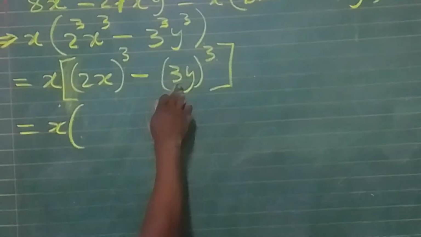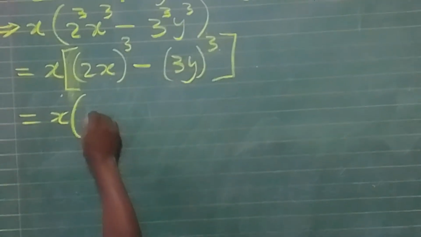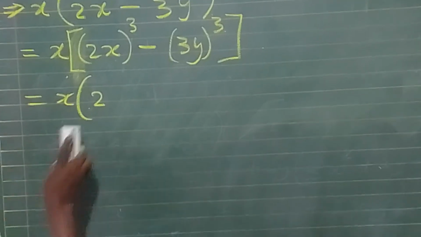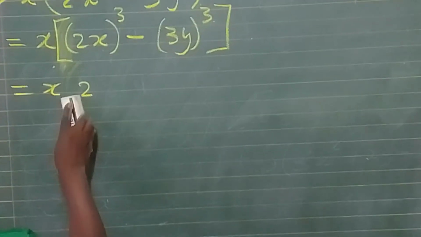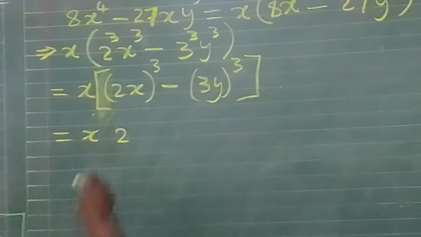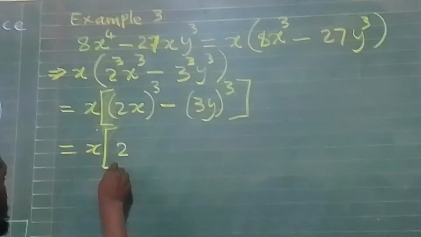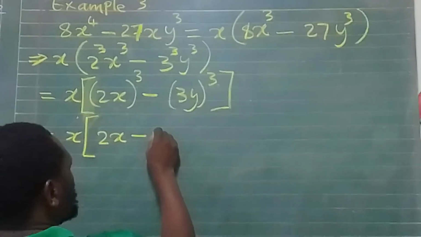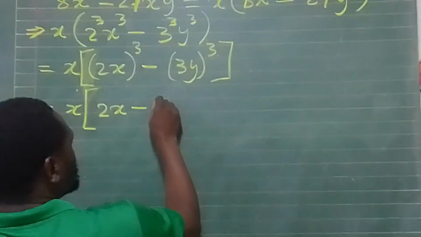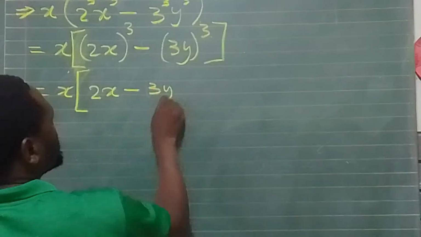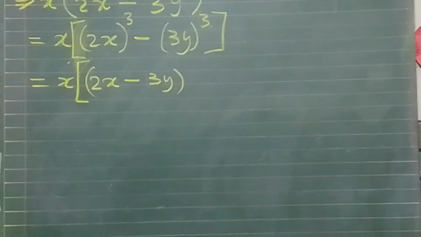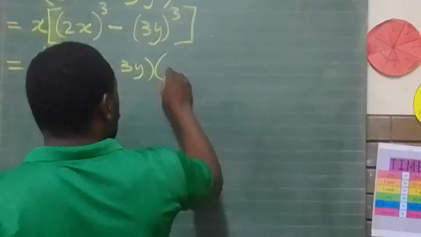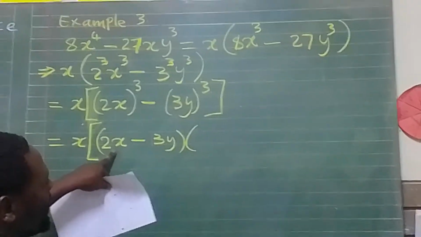A minus B, let me introduce my square bracket here. A minus B. Here is my A minus B. After that, I open another bracket.